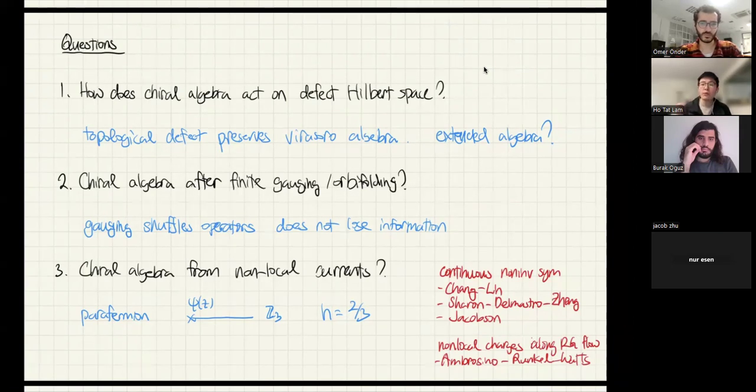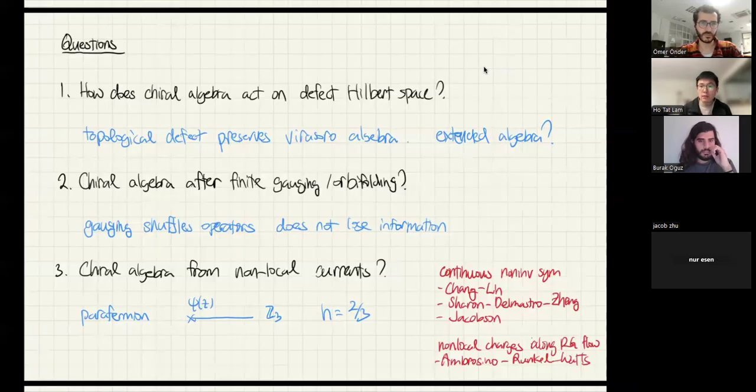But if we consider a non-local current, then we can consider currents which have fractional spins. If we can include non-local currents into chiral algebras, then we can significantly enhance the possibilities of chiral algebras. And the hope is that by enhancing this possibility, it allows us to solve more CFTs, or to have access to more CFTs.